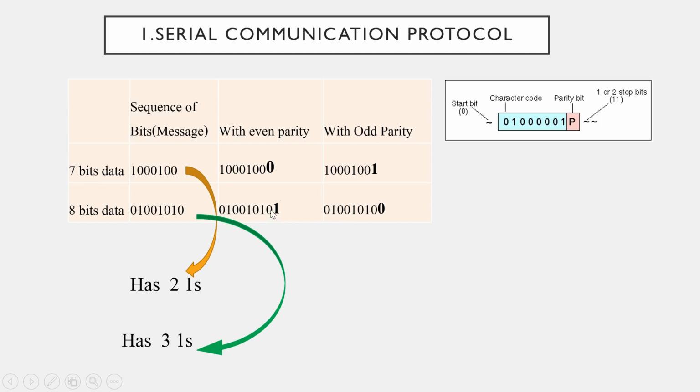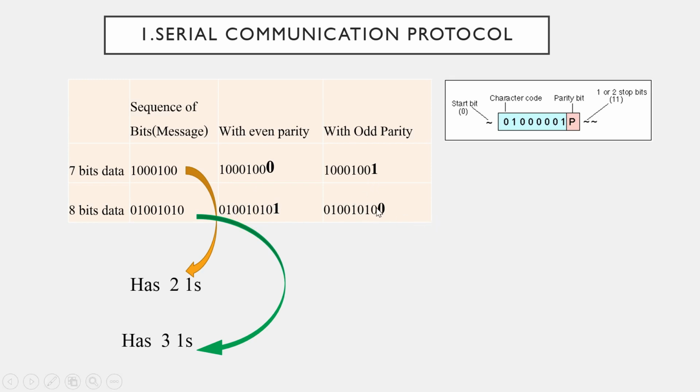So this message is sent with 4 ones, then the receiver on the other side will collect this message and check the ones. If it is an even number of ones, it counts as a correct message. If it has an odd number of ones, it will discard that message and not take it in. And the same for odd parity.